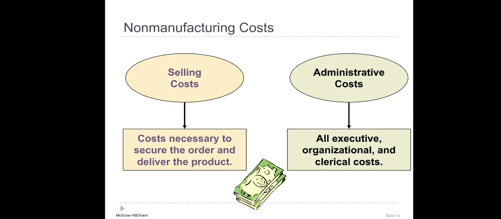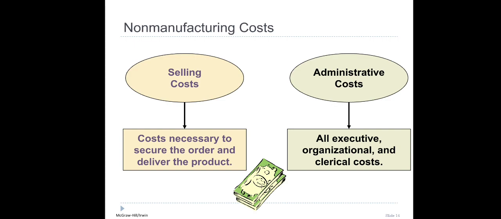If you have a manufacturing business, basically your business has two sections. A section for the management office, and another section of the business is the factory. So non-manufacturing costs are costs related to the management office.